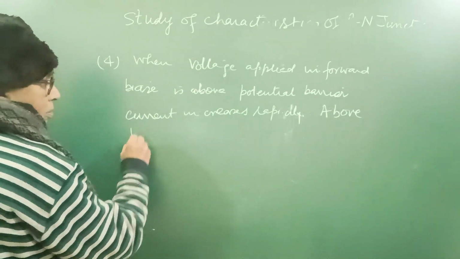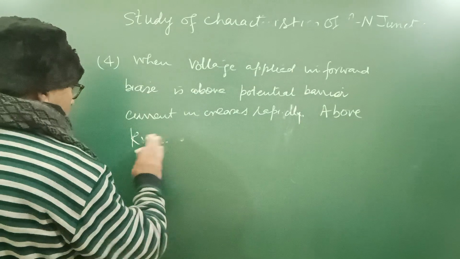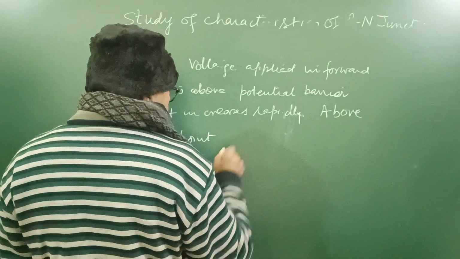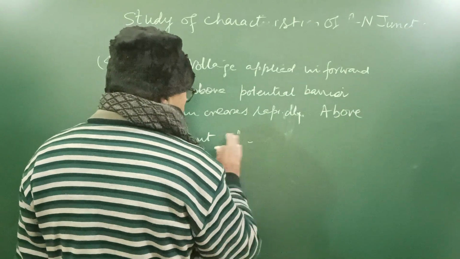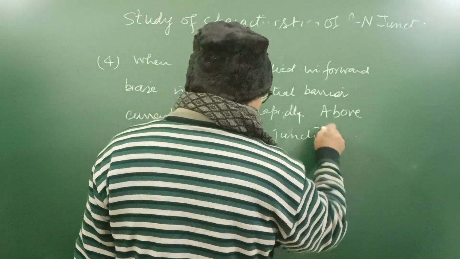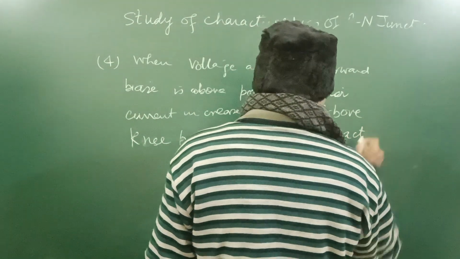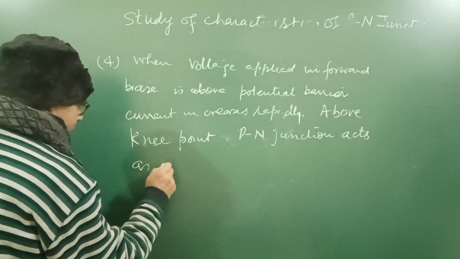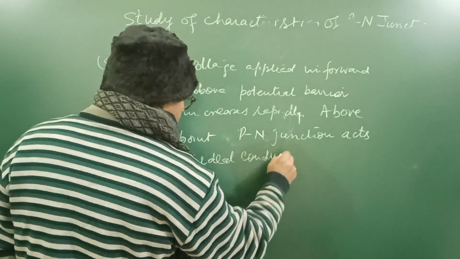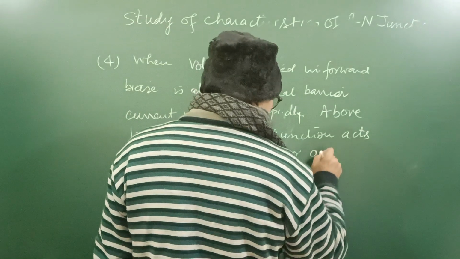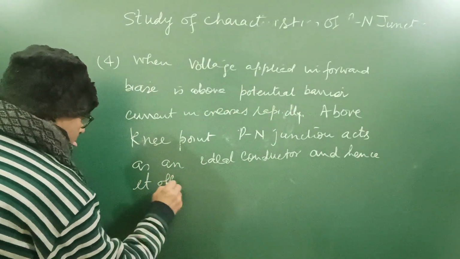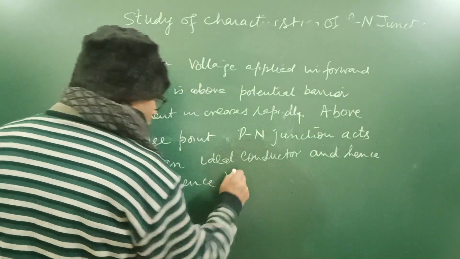Above the knee point, the diode, the PN junction, acts as an ideal conductor and hence it offers no resistance.